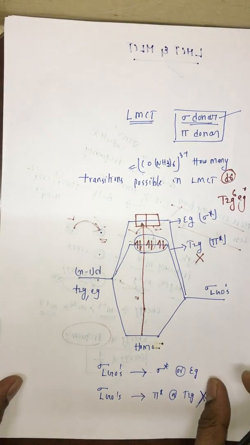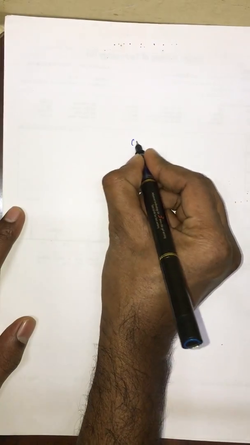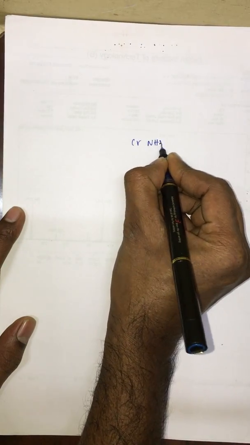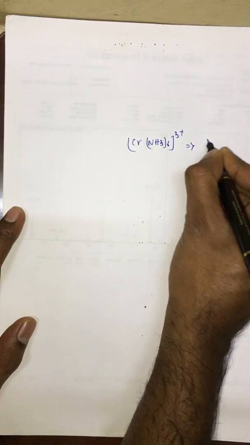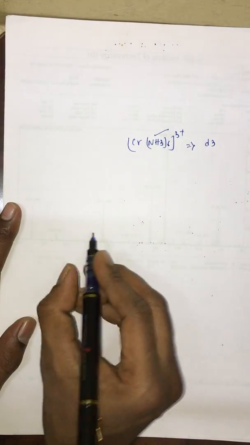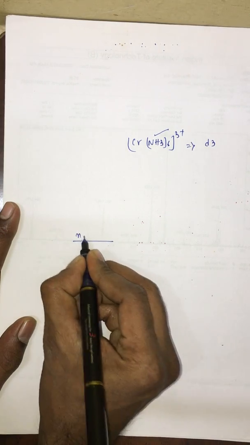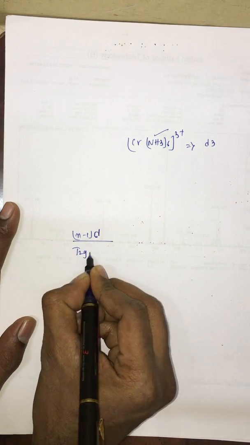And we have another example, that is chromium NH3 6 3 plus. So this shows D3 configuration. Here also NH3 is a sigma donor. This is n-1 d, which includes T2g and Eg.